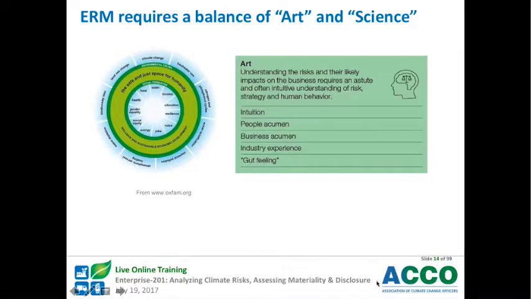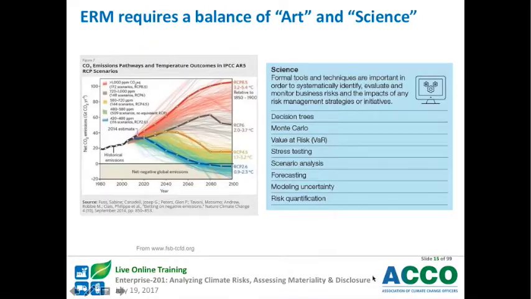Maybe just into the next slide, Dan. And this is the other side to it. This is the science part, and I really think of it as math. But this is where there are plenty of risk people that look at enterprise risks this way, doing out different scenarios, making decision trees, running scenarios, where in this case on the left there are different warming scenarios.